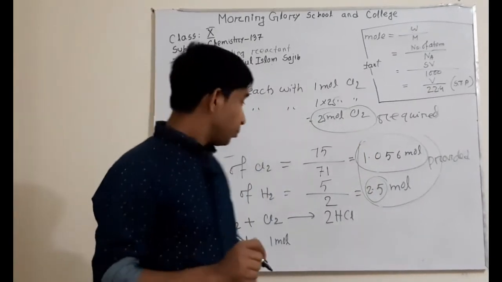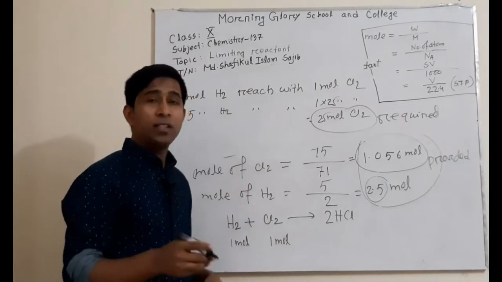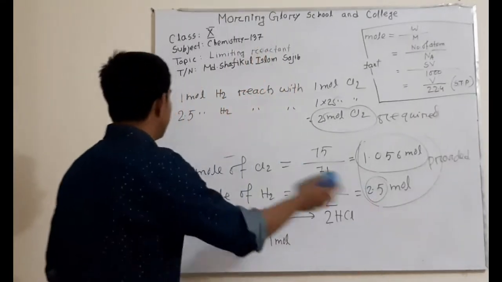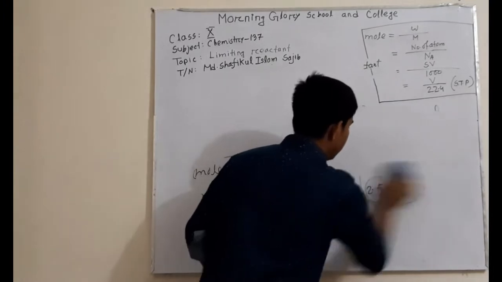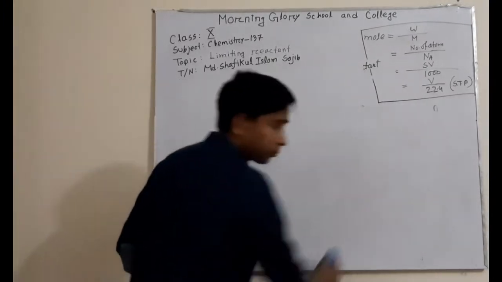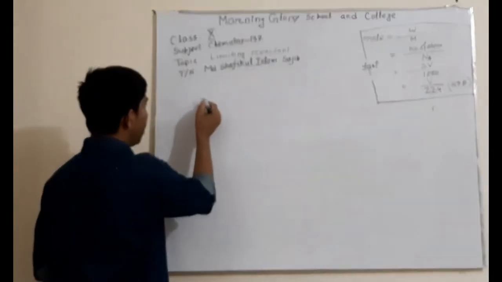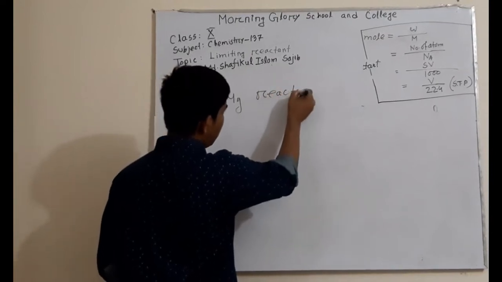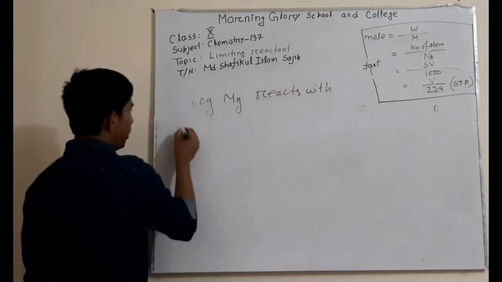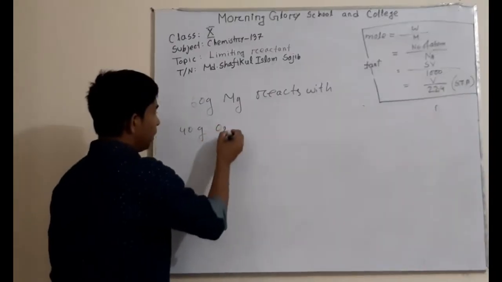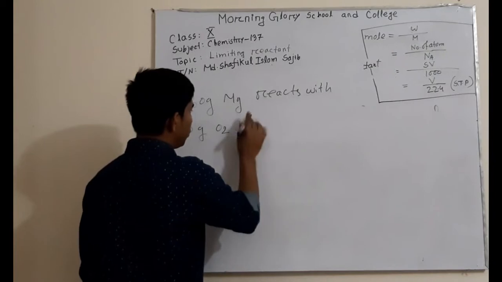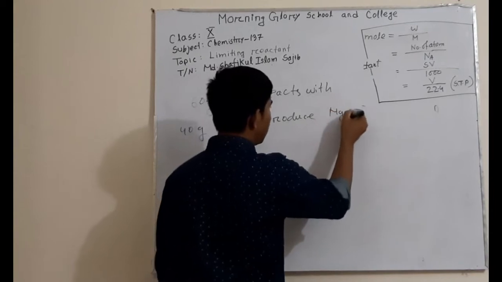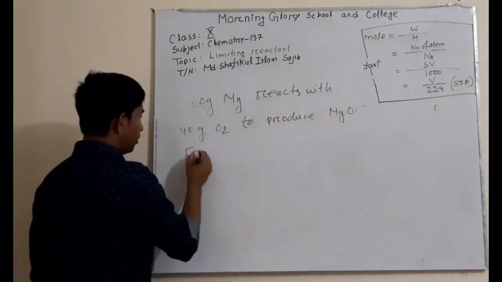So this is how to find the limiting reactant. I will cite another example for more clarification. So let's write. 60 gram magnesium reacts with 40 gram oxygen to produce magnesium oxide.